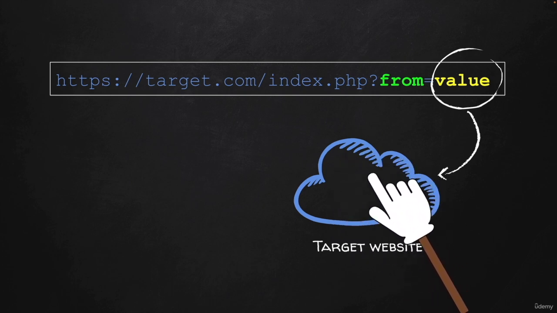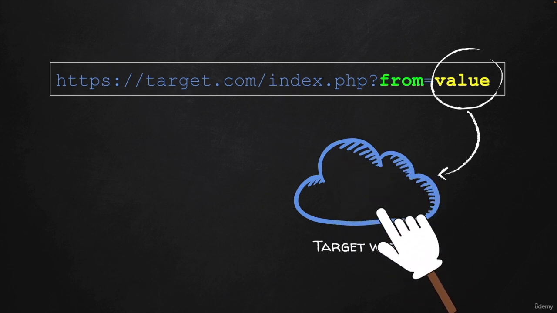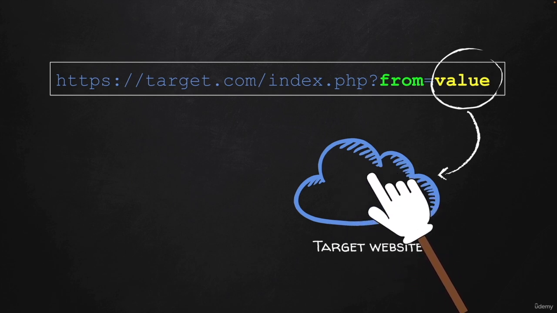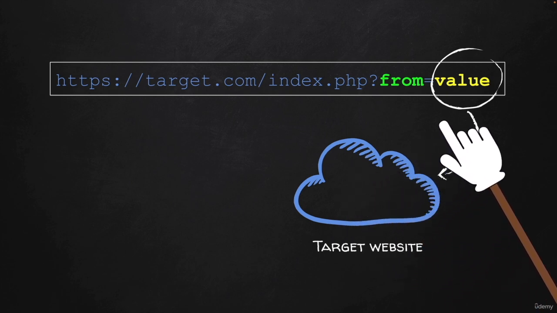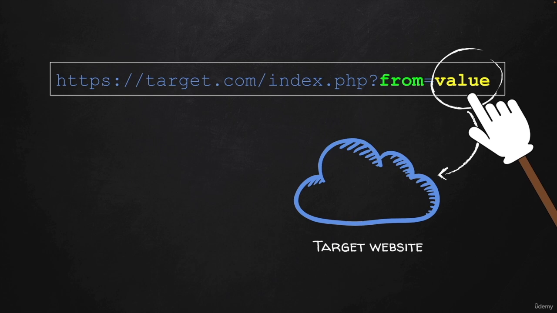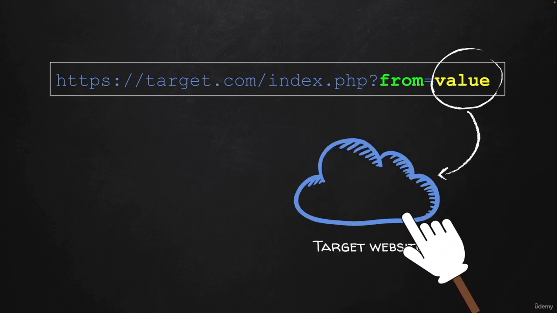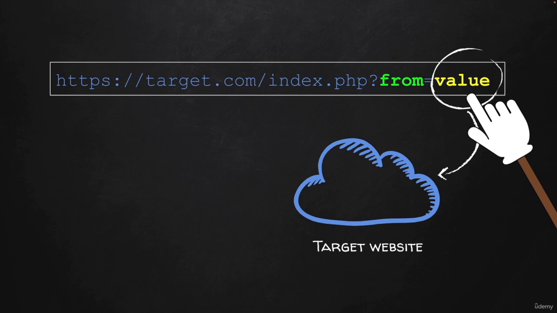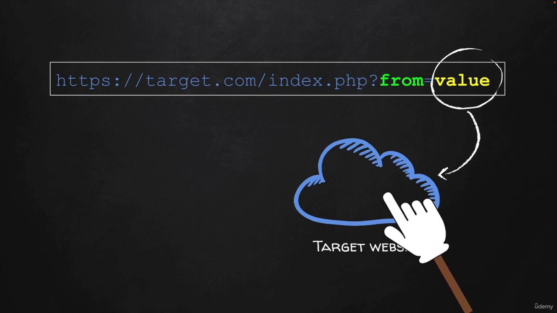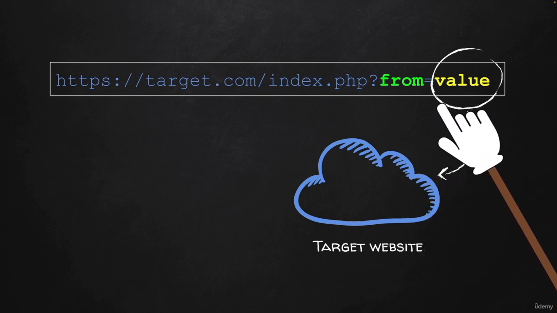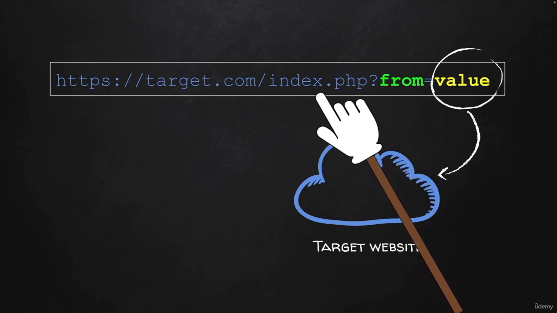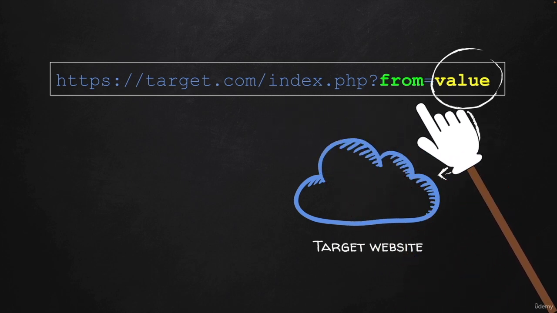And we will see how to do that later on when we talk about other vulnerabilities and bugs. But the main thing that we want to understand right now is the value after the equal sign will be sent to the target web application, which will process that value, and therefore we can use it to manipulate this web application.